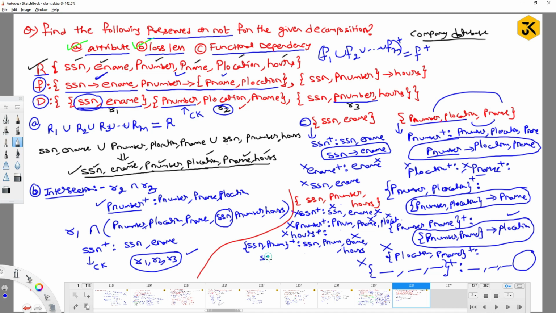So I can write SSN p number determines hours, guys, right? So I tried it with the two level. Next, try SSN and hours. You are not going to get anything, so that is not an FD possibility. Similarly, try p number and hours; you are not going to get any new FDs, right? Next, we'll go with the 3 level.